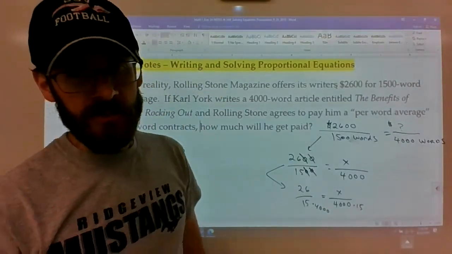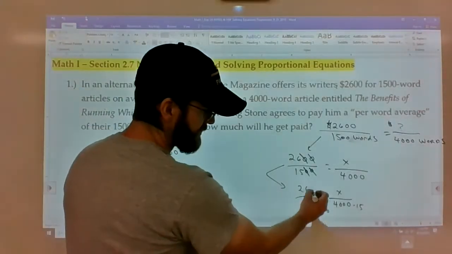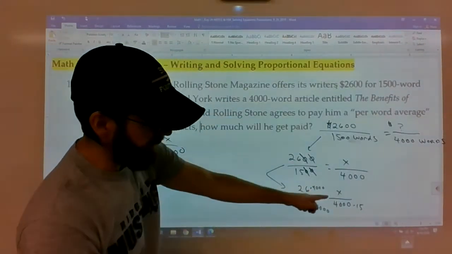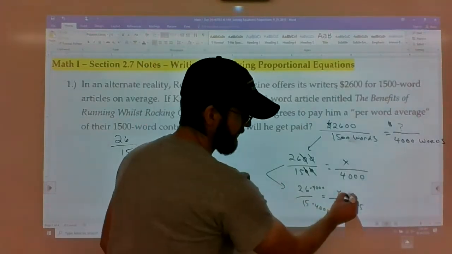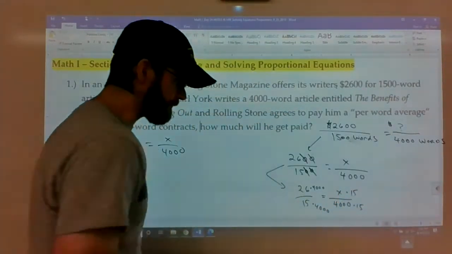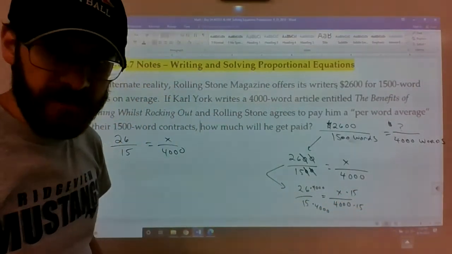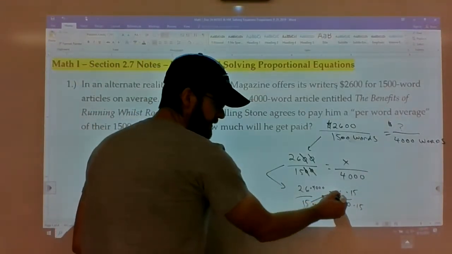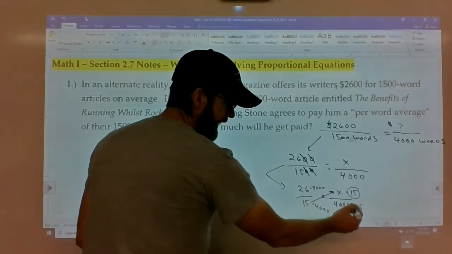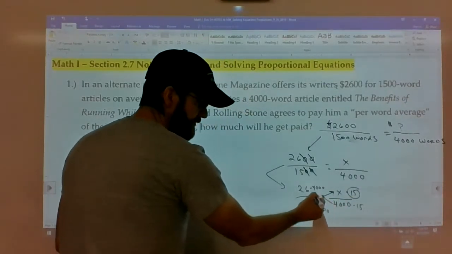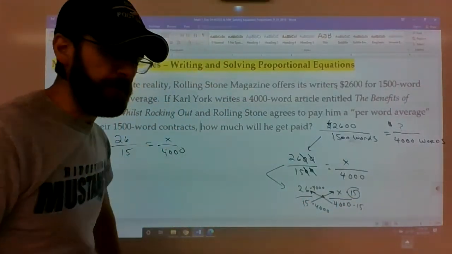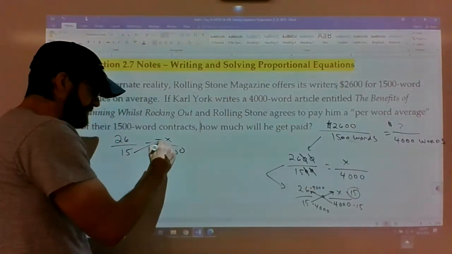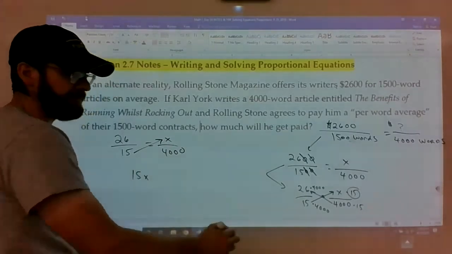They are. So if you multiply the left by 4,000, you'd get 26 times 4,000. If you multiply the right by 15, then you multiply the top by 15. Notice, I took this times the x, and I took this times the 26. It's almost like I cross-multiplied. I took 15 times x, and that gives me 15x over here.